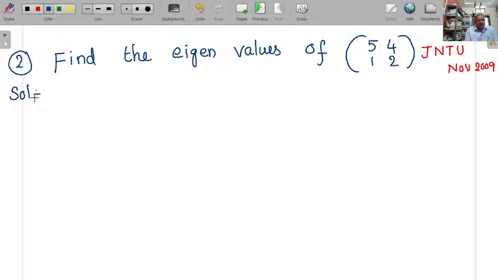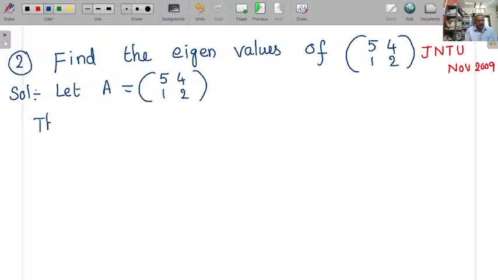So what is the first step we need to do? Let A equal to 5, 4, 1, 2. First we need to find out the characteristic equation.